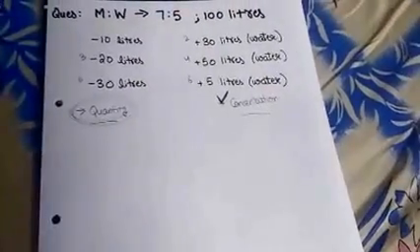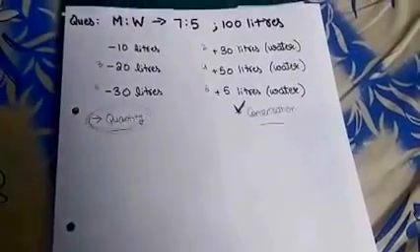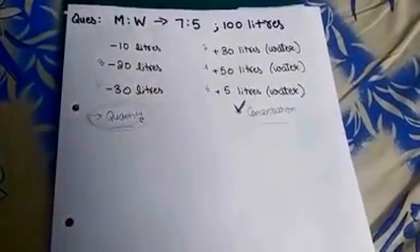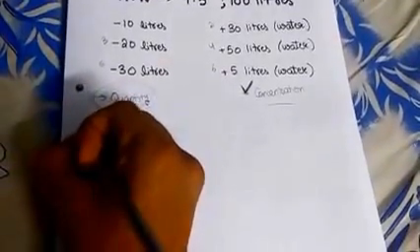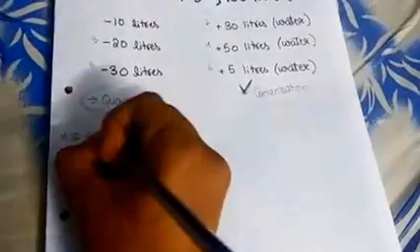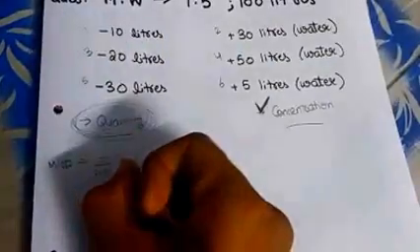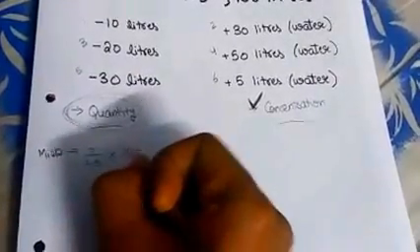Okay, so the very first thing is to keep track of the quantity and keep track of milk. The initial volume of milk is 7 upon 7 plus 5, because the ratio was 7 is to 5, and this is multiplied by the total volume, that's 100.